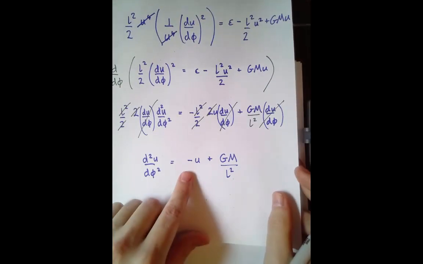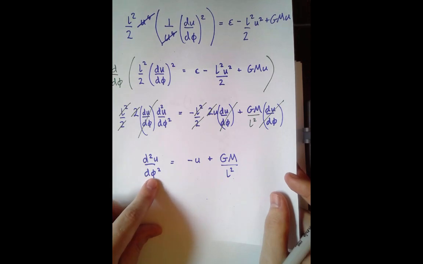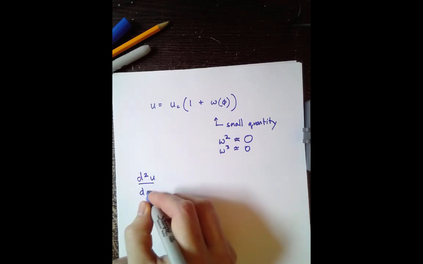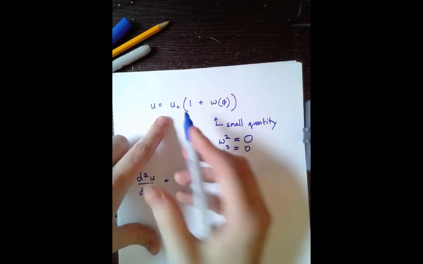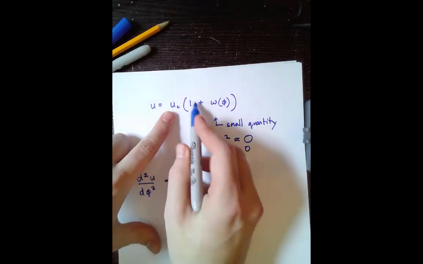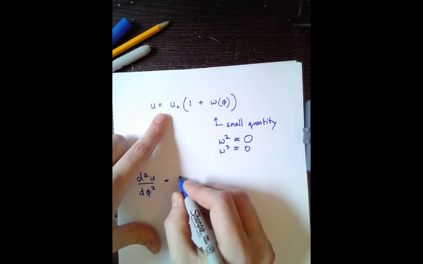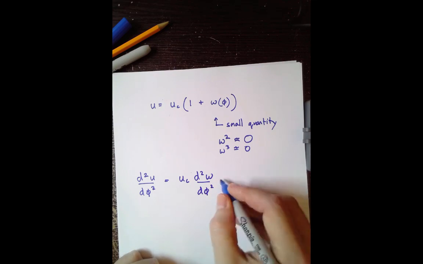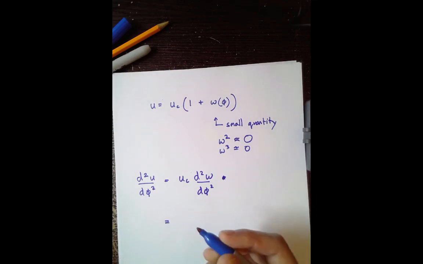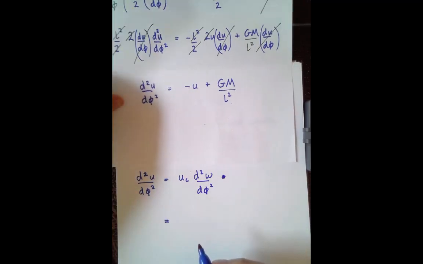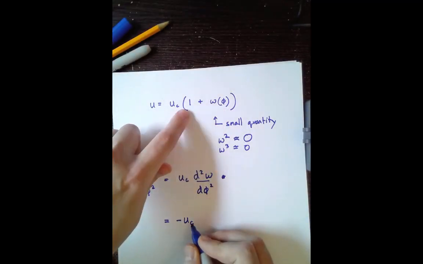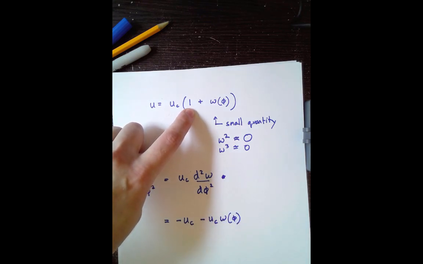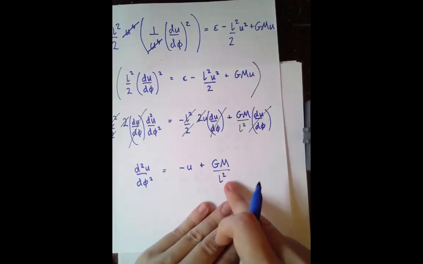So if we go back to this equation here, we need to differentiate u with respect to phi. So we've got d2u by d phi squared. That is equal to, this term here differentiates to 0 because it's constant, and so we have uc times w differentiated twice. And this is equal to minus u, so that's minus uc, let's expand this out, minus uc times w of phi, and then plus GM over L squared.